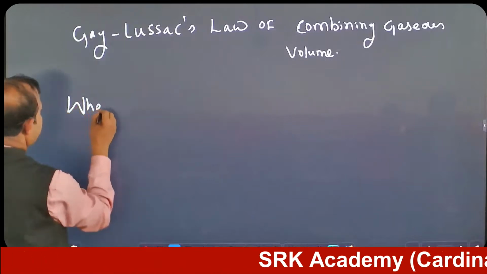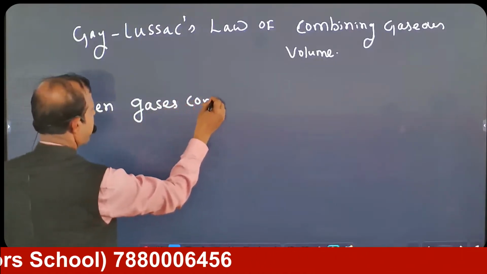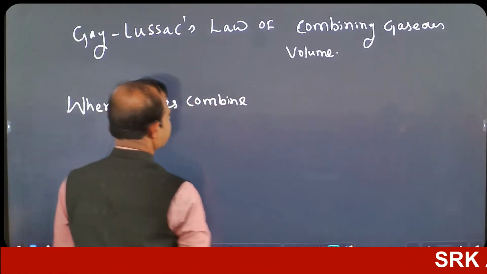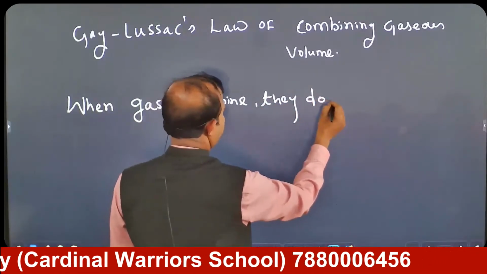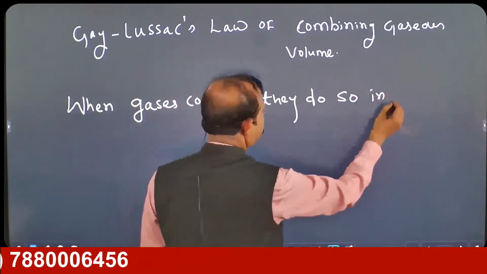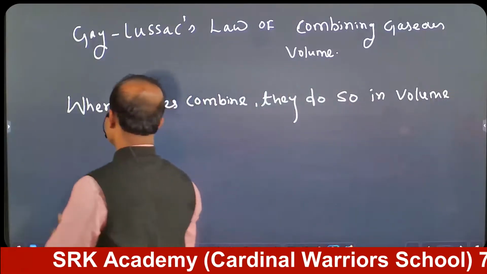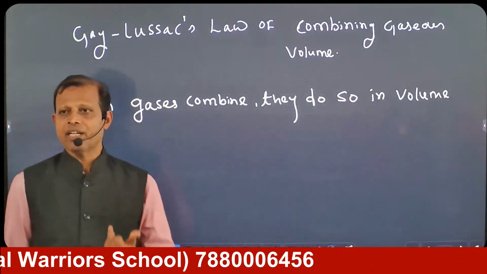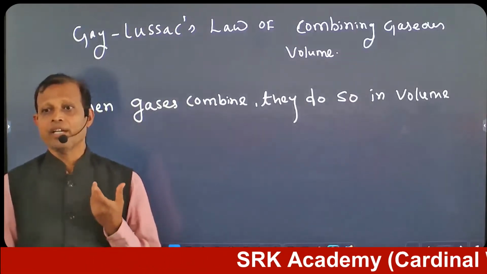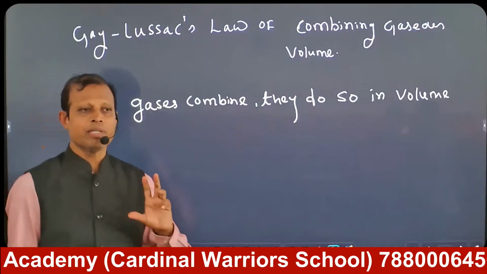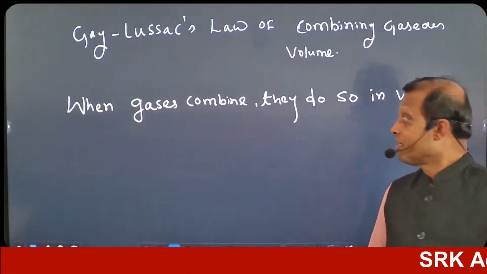When gases combine, they do so in volumes which bear a simple ratio with one another, and also with the volume of the product if they are in the gaseous state. So what does it mean?